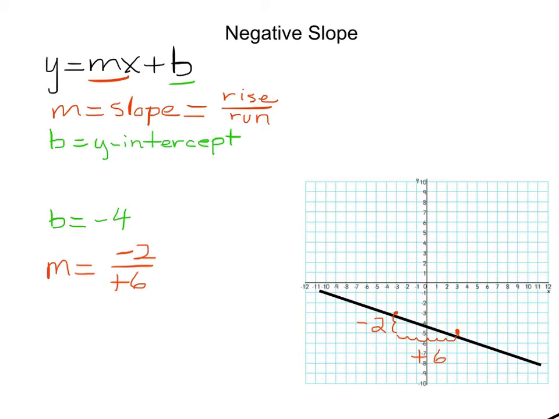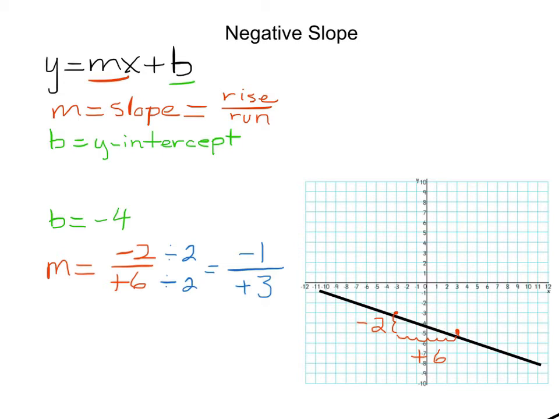And hopefully you guys remember that we can divide both of these by 2. So if I divide both of these by 2, I'm going to be left with -2 divided by 2 is -1. And then +6 divided by 2 is +3. So I have a slope of -1 over +3.